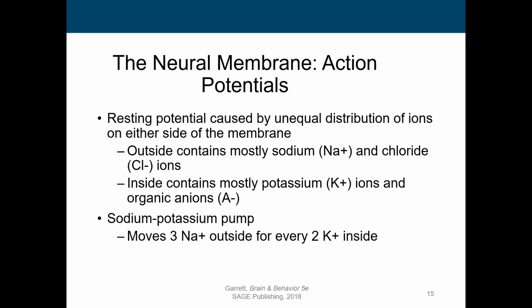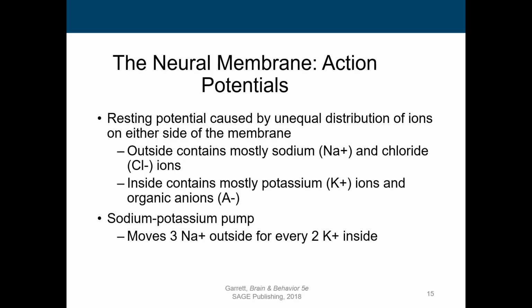Then we have chloride ions, which are negative. And we also have certain proteins and amino acids that make up the organic anions. So what you need to know is the fluid outside the neuron contains mostly sodium and chloride ions, and the ions inside the neuron are mostly potassium and anions.